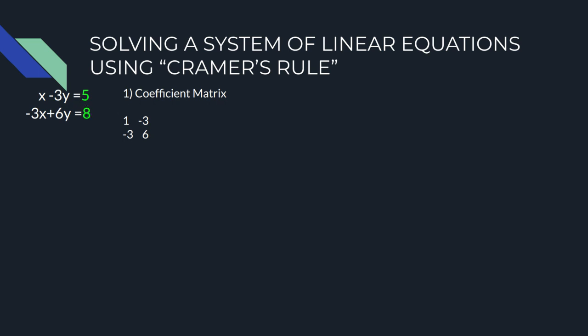Now we've got the 5 and the 8 highlighted here because we're going to start using those in our next two matrices. Second matrix, we're going to substitute out the x value coefficients, 1 and -3, and in their place, we're going to put the 5 and the 8 from the solution side of our system. And then you probably can guess what's going to come next.